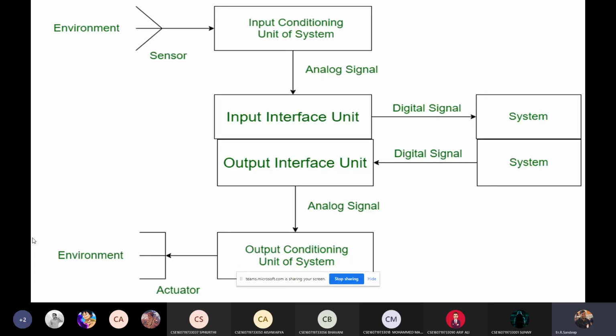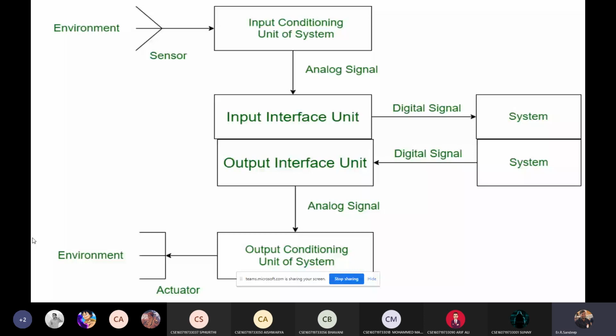The process is called modulation and demodulation, and the device which does this is called a modem. So modems we will use. Nowadays we are getting routers as well, but the modem is a device responsible for modulating and demodulating the signal, converting analog to digital and digital to analog.